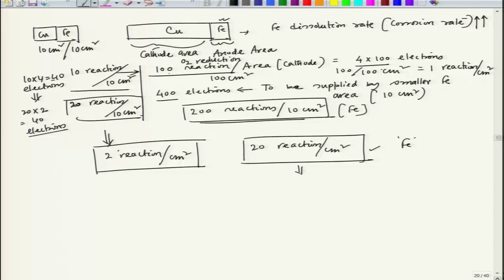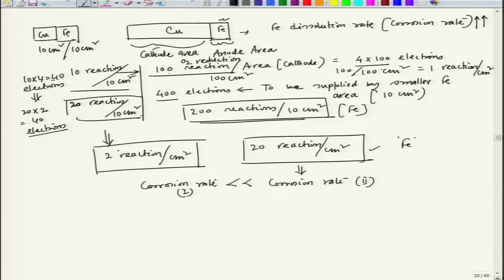So, the corrosion rate in this case is much greater than the corrosion rate in the other. This is, let us say, case 1, this is case 2. In case 2, the corrosion rate is much higher. So, this is the situation we have understood before.